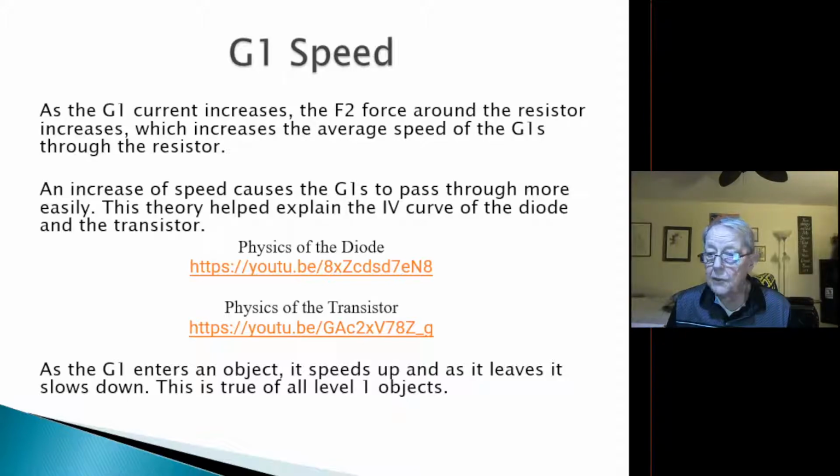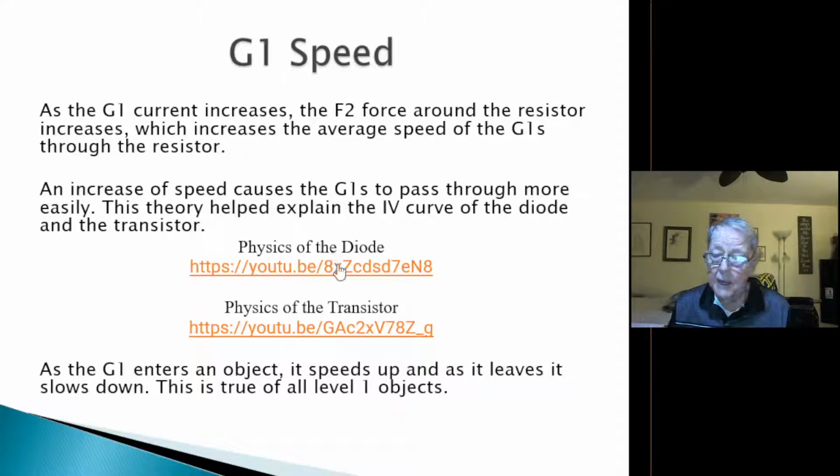And when they pass through more easily, that means there's fewer losses, which means the voltage drops, which means the current drops. This theory, by the way, helped explain the IV curve of the diode and the transistor. And I've listed this before and put it in the description of the video, and I'll do that again.